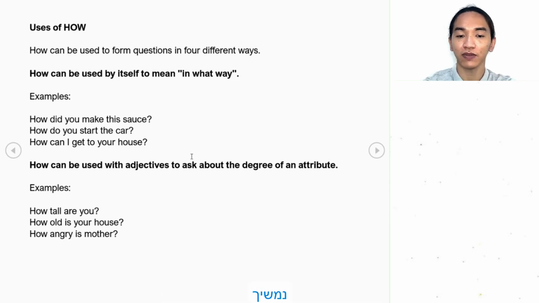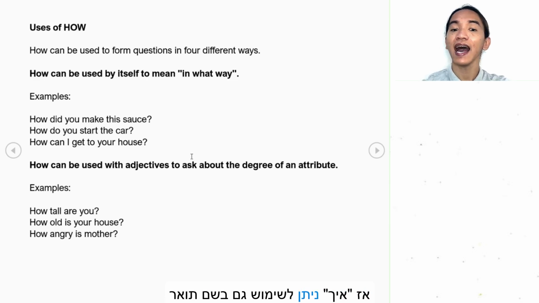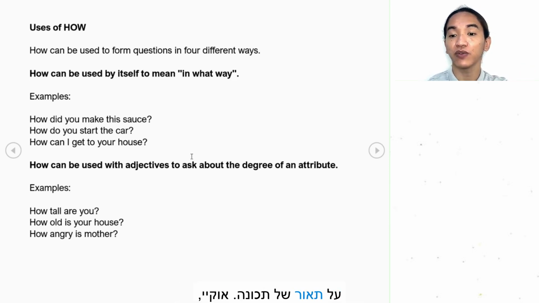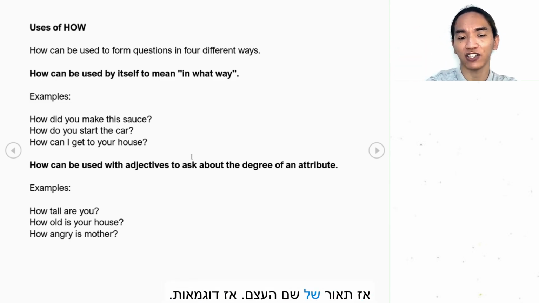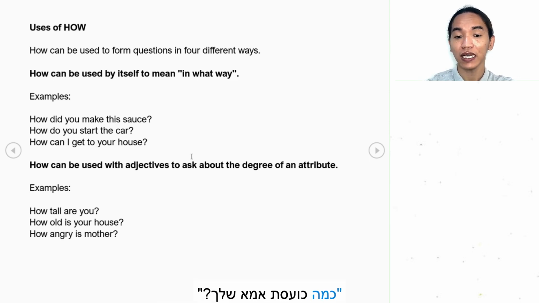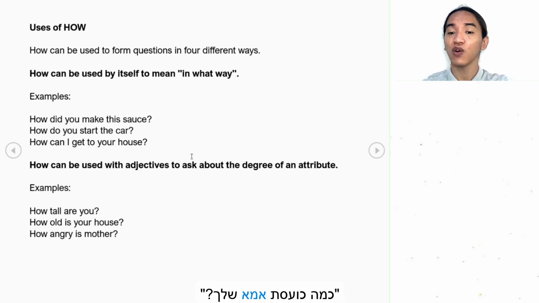Next one. How can be used with adjectives, how plus adjective, to ask about the degree of an attribute. So the degree of the adjective. So examples, how tall are you? How old is your house? And how angry is your mother?